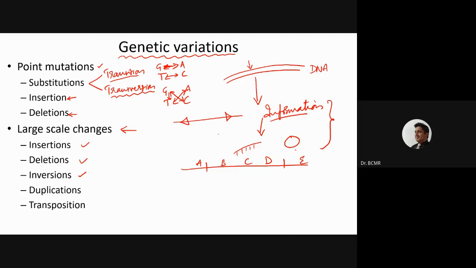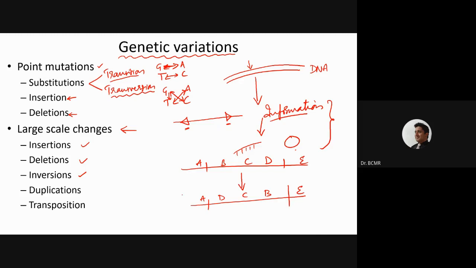And if we had a system where the recombination sites are in the inverted orientation, then they are likely to undergo inversions. So A, B, C, D, E, the genes, and if inversion has occurred, it would have become something like this, right? So that is an inversion.